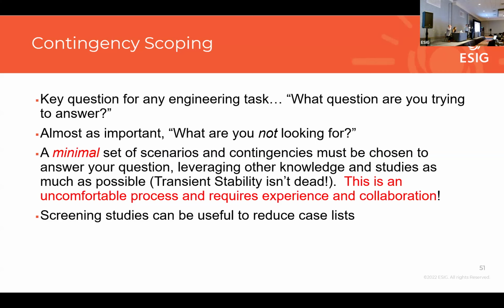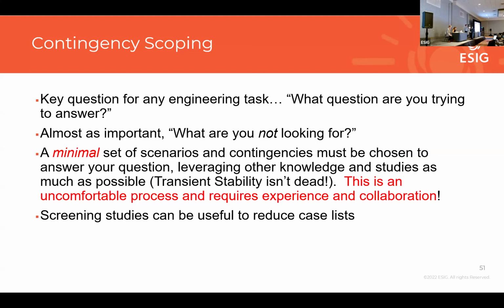So for a weak system study, for example, we want to look at the worst kind of case that we can come up with in terms of cutting off sources of strength and perhaps grouping IBRs together such that they're acting in a lumped manner, connecting into one weak system.